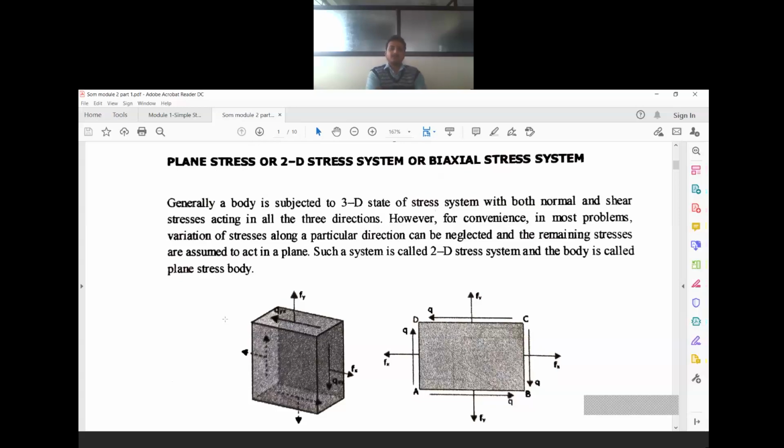Next one is plane stress, or 2D stress system, or biaxial stress system. All three terms are the same. So if they ask you to define or explain plane stresses, you will explain this thing. If they ask you to explain the 2D stress system, you will explain this again.